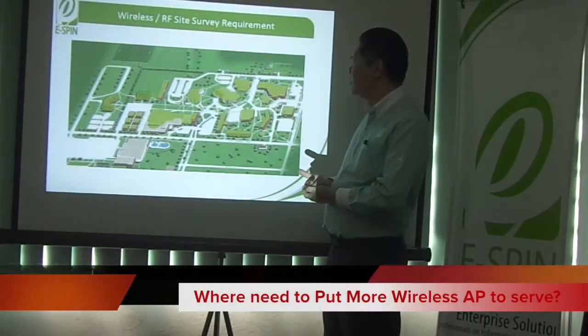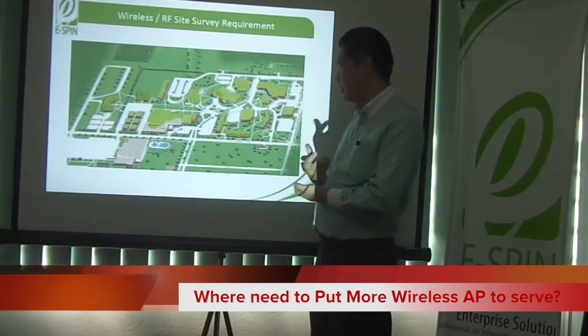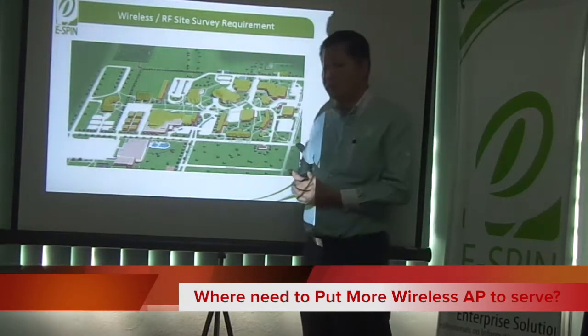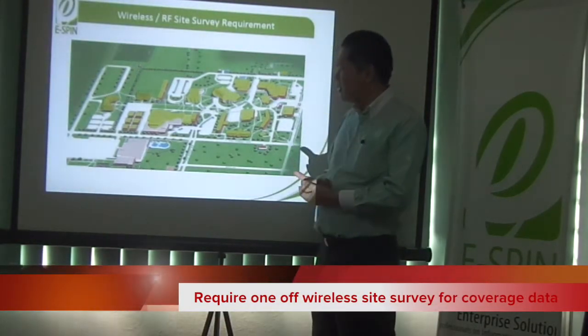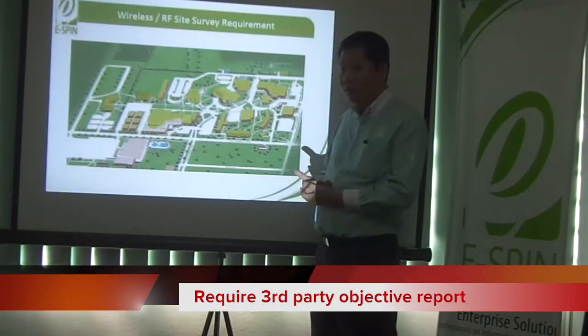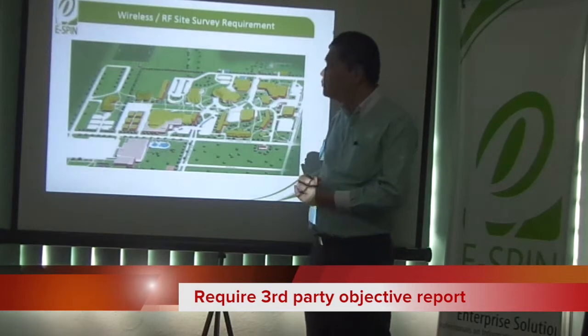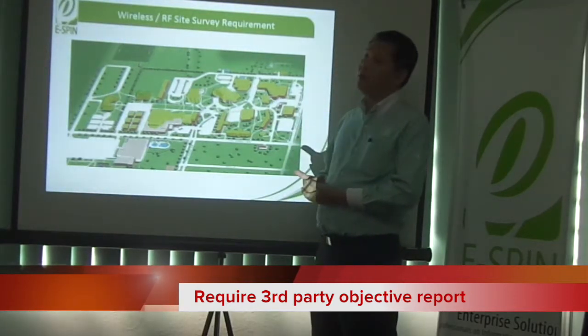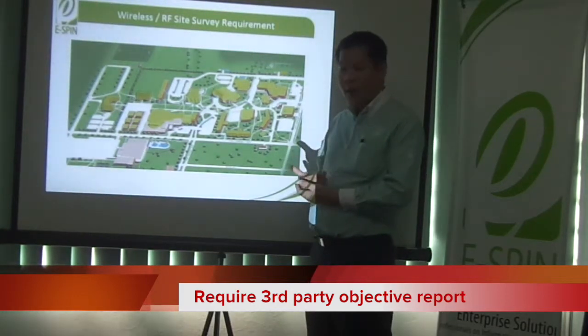Or do you want to have additional wireless access points and so on? All those things are also scenarios. If you don't think about doing it internally, you need a third party to provide an objective report that is not coming from the vendor who provides the wireless network for you. This is also another typical scenario. You call for a third party to perform the wireless site survey for you, right?